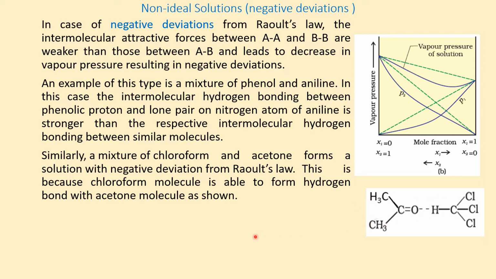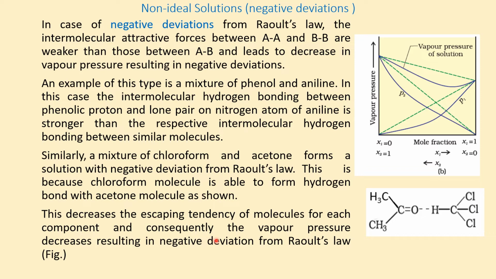This is the chloroform with acetone. This decreases the escaping tendency of molecules of each component, and consequently the vapor pressure decreases, resulting in negative deviation from Raoult's law as shown in the graph.